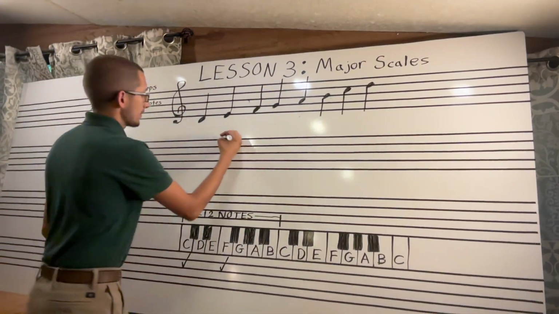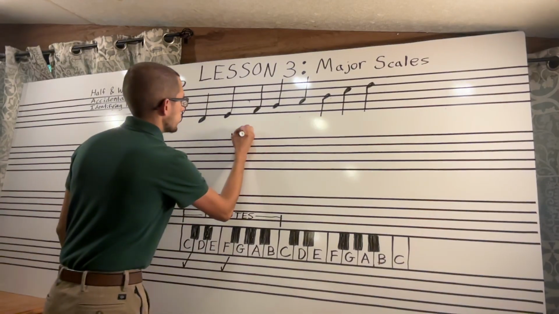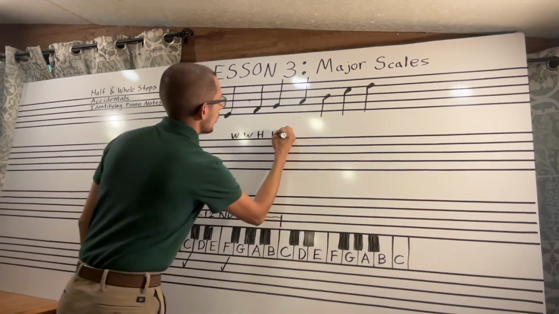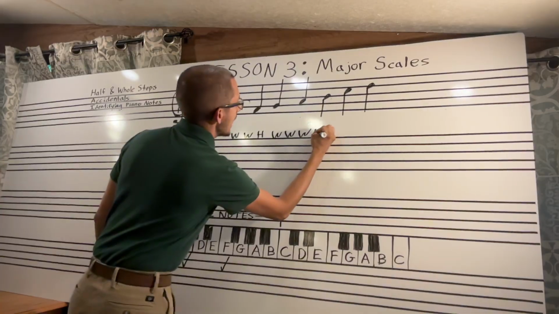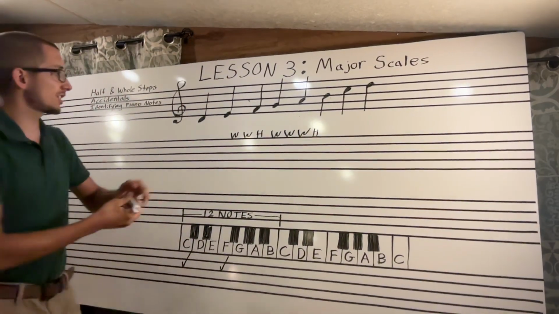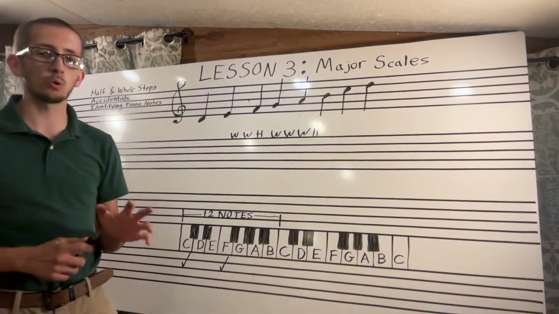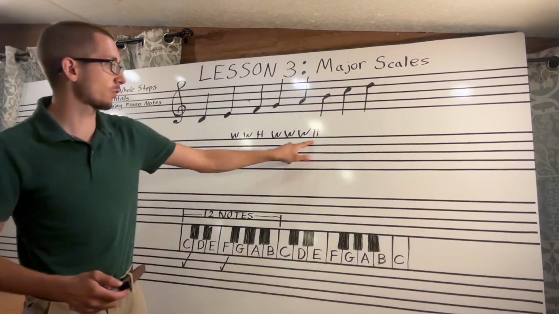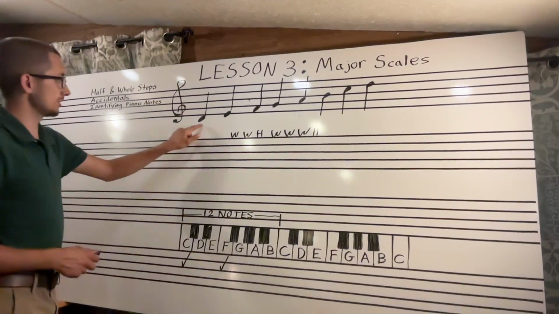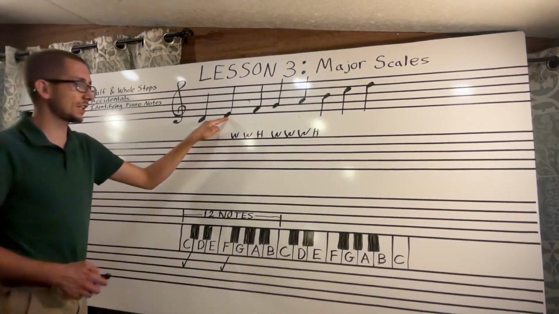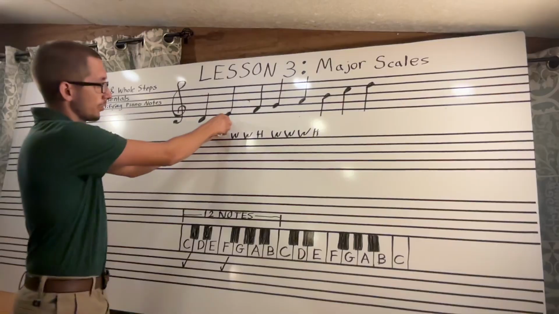So, going back to our formula, whole, whole, half, whole, whole, whole, and half. Let's see what kind of accidentals we need to put in our D major scale in order to meet this formula right here.